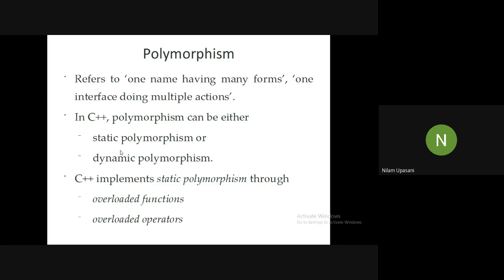C++ implements static polymorphism through overloaded functions or overloaded operators, which is called function overloading and operator overloading. So static or compile time polymorphism has two types: the first one is function overloading, the second one is operator overloading.